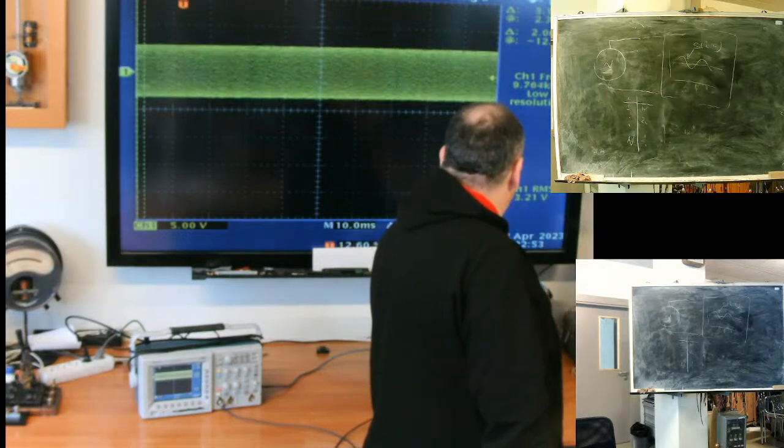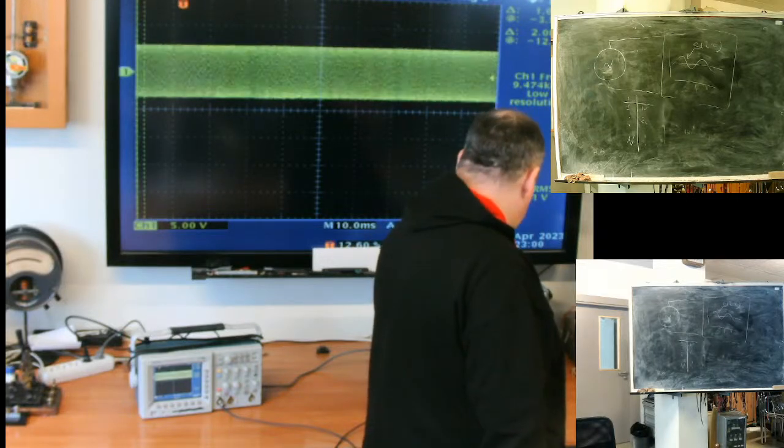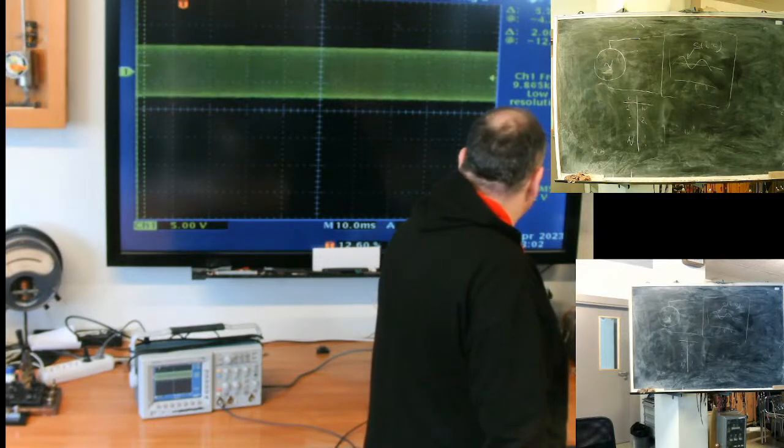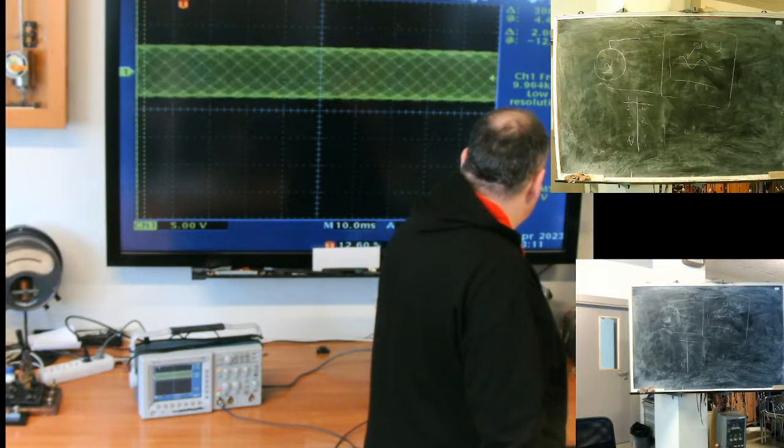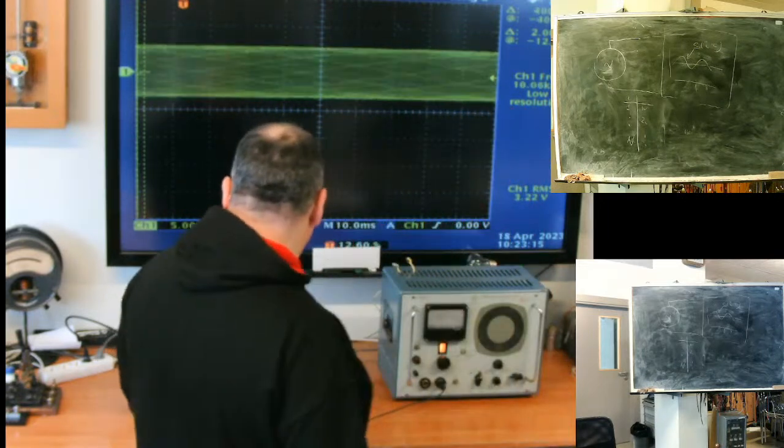Frequency, a bit higher. This is fine, 10 kilohertz.